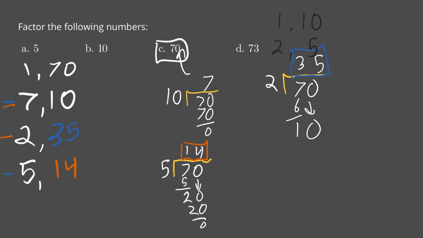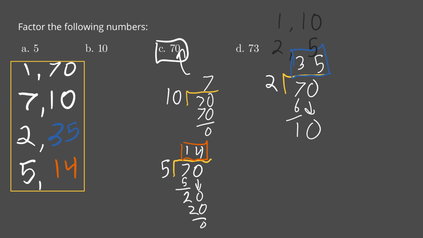I'll tell you with 70 that's not the case. And these are all of the factors for the number 70. So let's put a nice box around our final answer, which is 1 and 70, 7 and 10, 2 and 35, and 5 and 14.